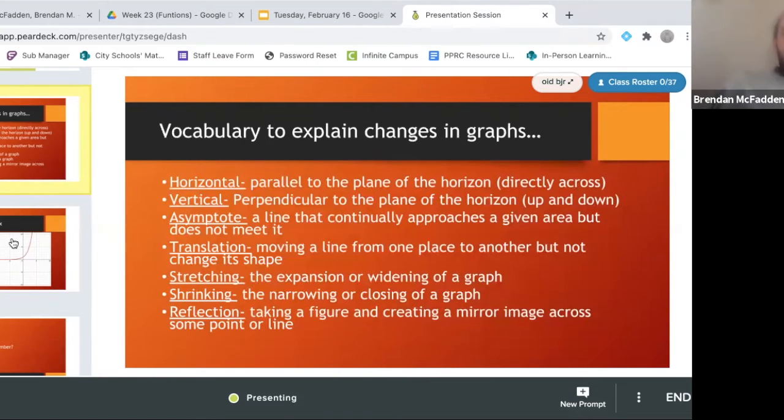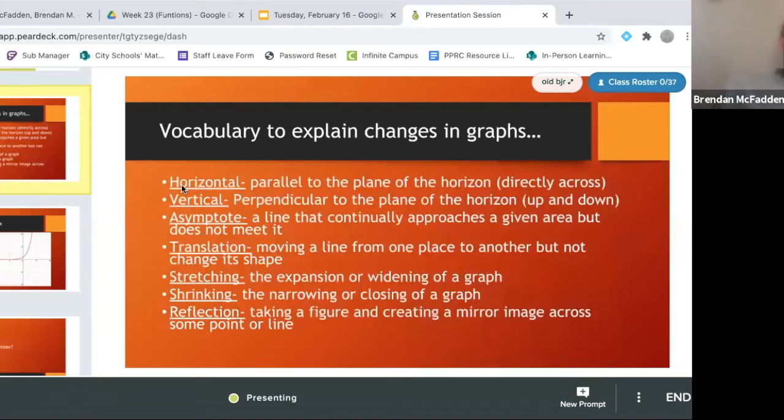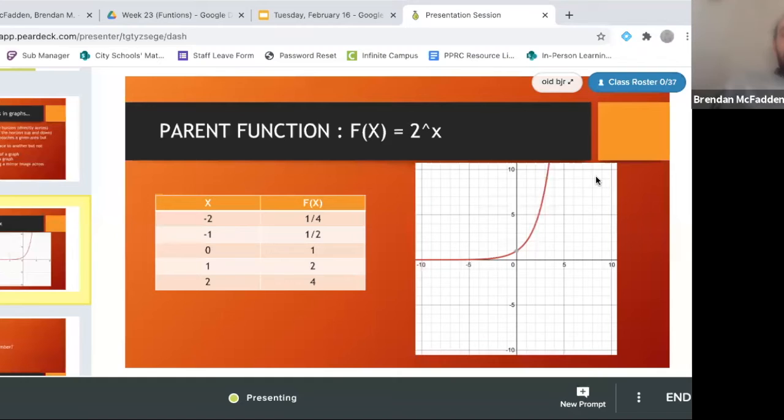So again, if our asymptote changes, we would say the asymptote changed from y equals 0 to whatever it changes to. If there was a horizontal or vertical translation, or if there was stretching or shrinking, or if there was a reflection, we would use that to describe what changed from our parent function. So again, we're going to use this parent function throughout the day today.